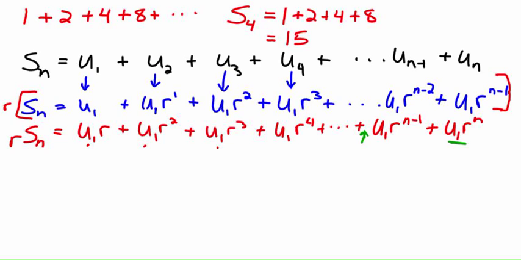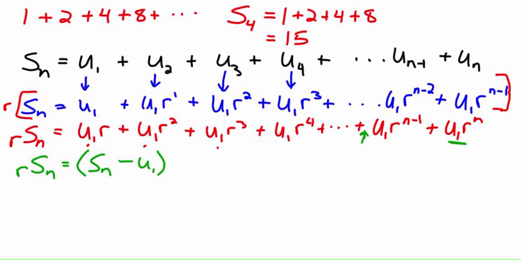So here we're going to rewrite this. We're going to summarize it a little bit. And I'm going to do something a little different here. Hopefully this will make sense. So we've got r times s of n equals s of n. So I'm just going to say this whole thing, again, s of n, so the sum of all of this from the blue column, minus u of 1.